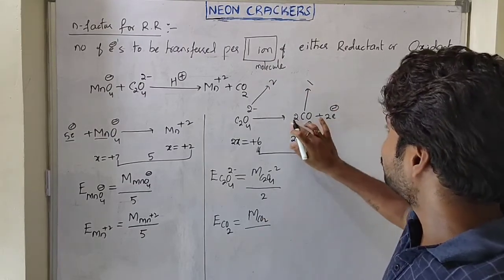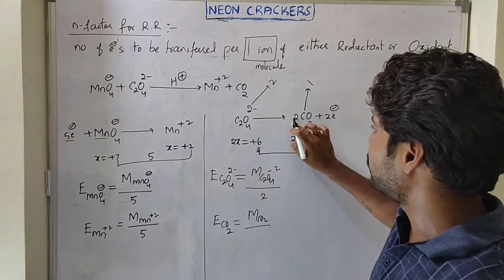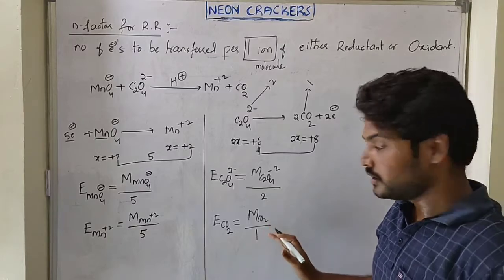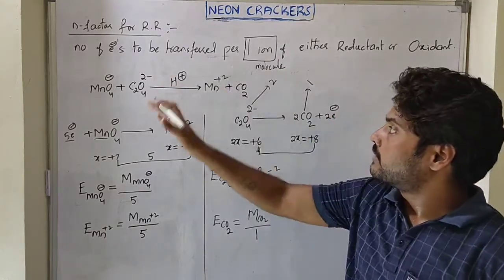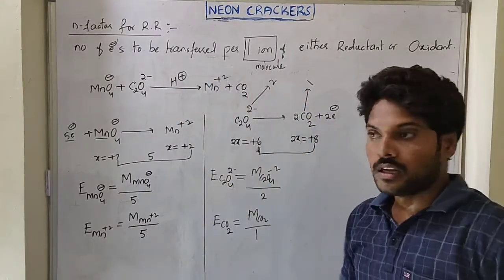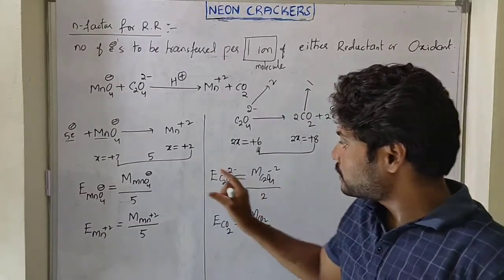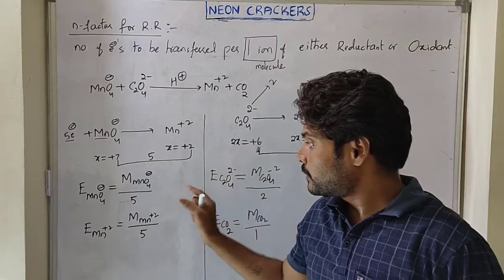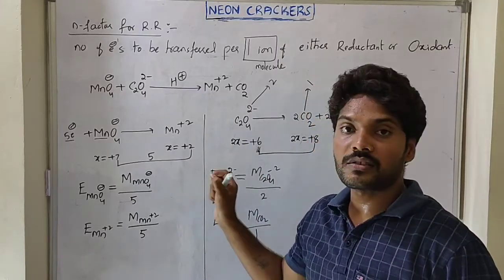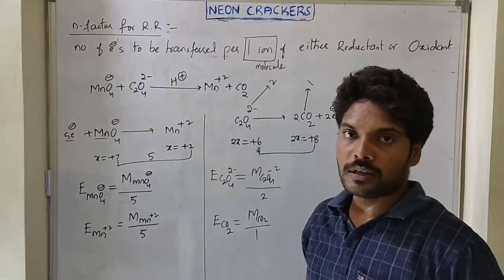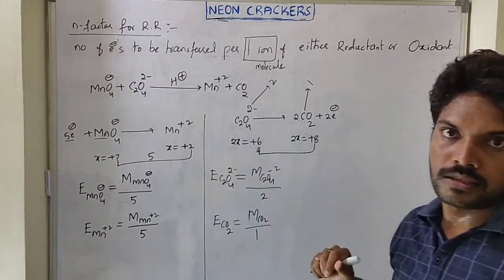We are getting 2 molecules 2 electrons, and 1 molecule 1 electron, so the n factor is 1 for CO2 in the given redox reaction. Like this you have to find separately. Read the question carefully: if they are asking about a particular substance, per that particular substance how many electrons are transferred, that will be the n factor for the given particular reductant or oxidant, right?